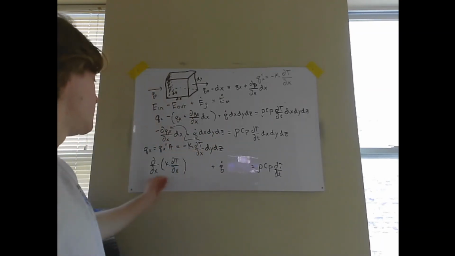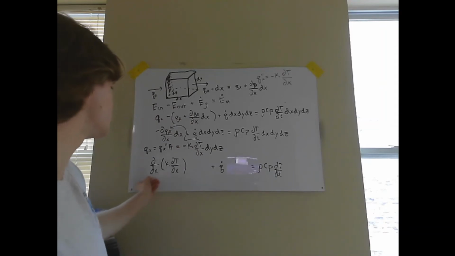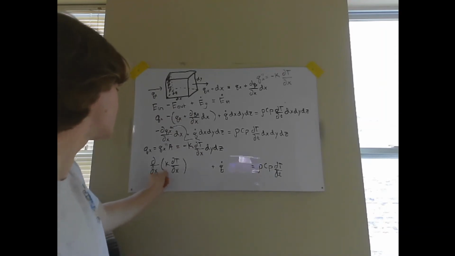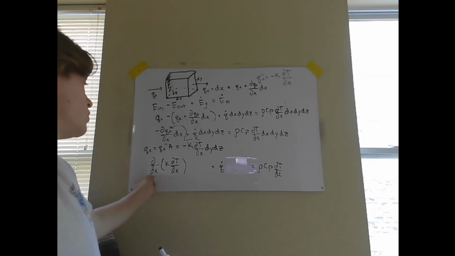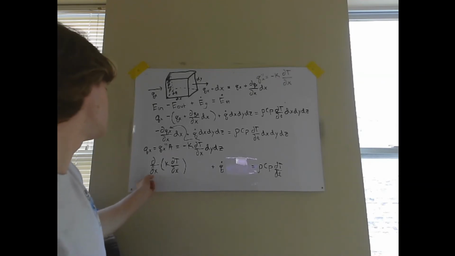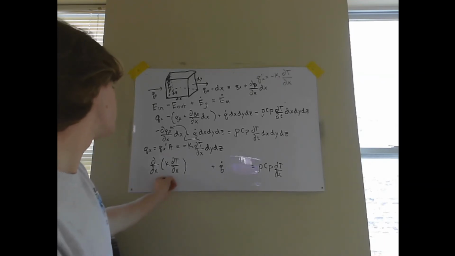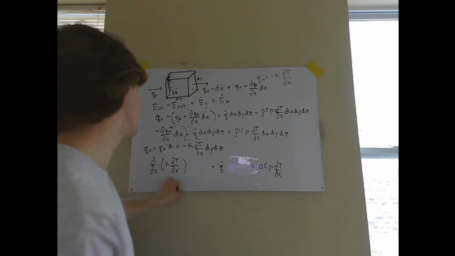And then I'm going to go ahead and expand this expression here. Since we have k as a constant, that can be pulled out front. And then we'll just be left with the second partial derivative of temperature with respect to x.